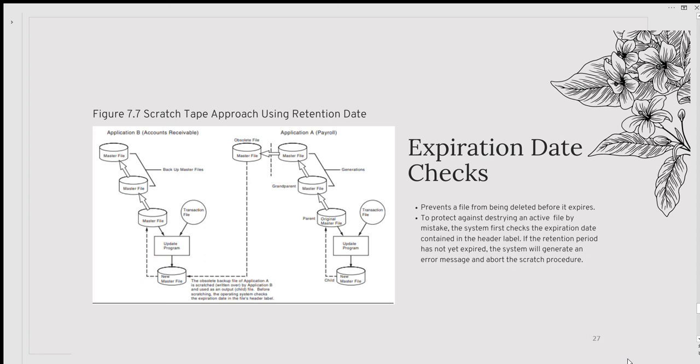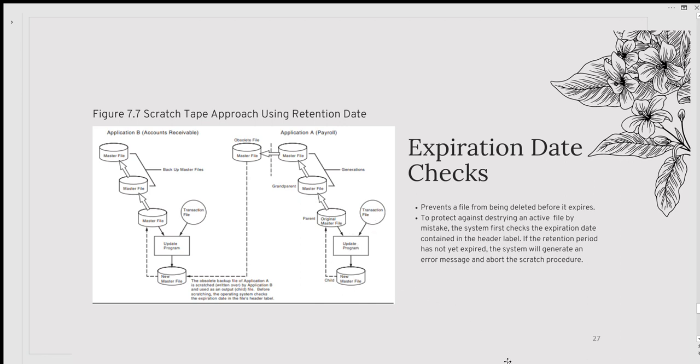So, for example, merong number ng backup files na nagawa. So, yung pinakaluma na backup file, isa-scratch na siya. Ibig sabihin, i-erase na siya sa tape na yon. Para pag na-erase na siya, magkakaroon na ng new spaces para sa new files.